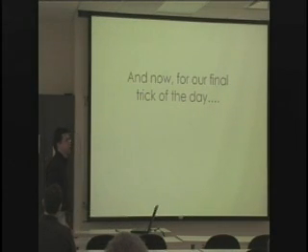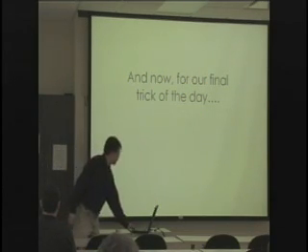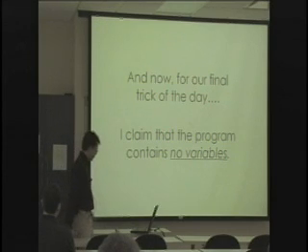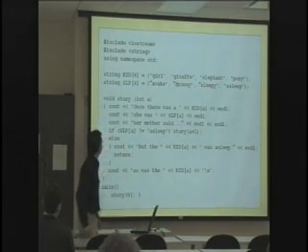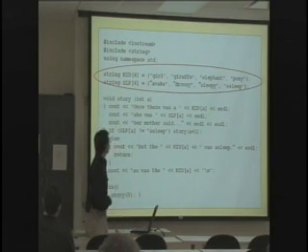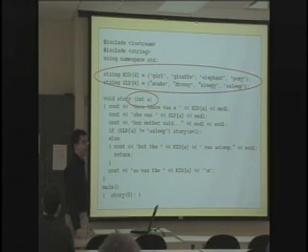Okay, now I promised you 3 magic tricks, and there's one more magic trick to show you. I claim that none of the programs that I've shown you have any variables in them. Now, you probably are thinking, Scott, now you've finally gone berserk, because I can see some variables there, and I can see a variable there.